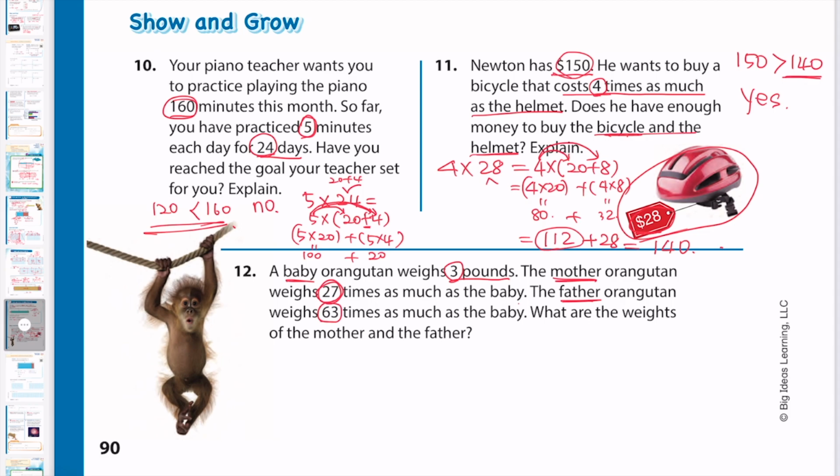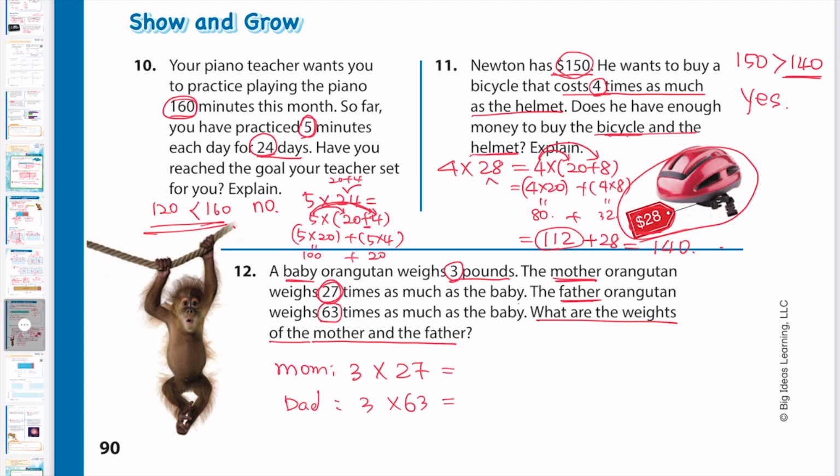What are the weights of the mother and the father? Okay, we don't need the baby, but we can use the weight of the baby orangutan. So the baby orangutan is 3 pounds. And mother, 3 times 27. And dad orangutan is 63 times. Okay, let's find out.